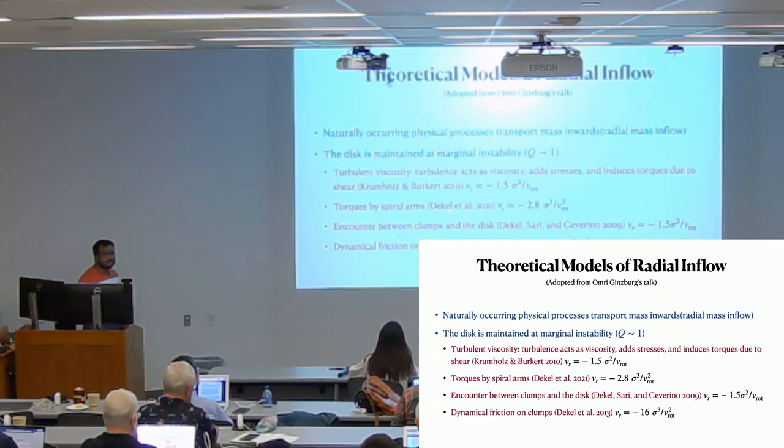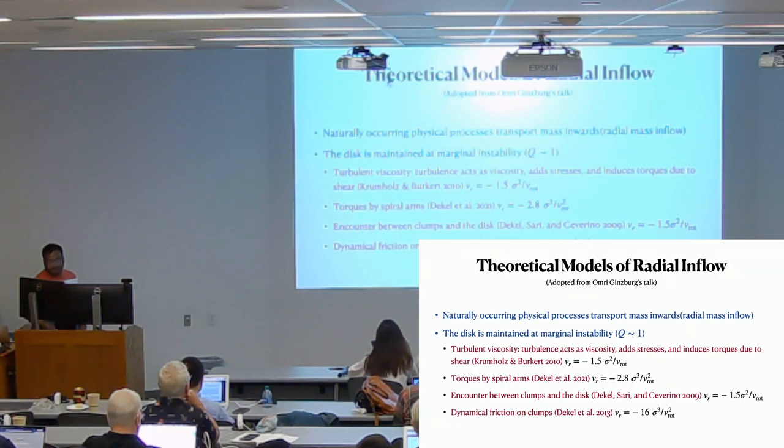There can be encounters between the clumps and the disk, shown by Dekel, Sari and Ceverino 2009, and dynamical friction on the clumps can also drive inward migration of the clumps. So you get somewhat different scaling and also somewhat different values. But in all of these cases, the model predicts that there would be a mass inflow.